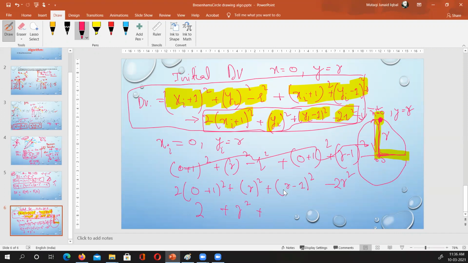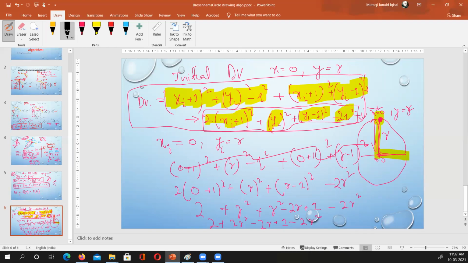This is (a minus b) whole square, that is a square, r square, minus twice ab, 2 into 1 into r, that is twice r, plus b square, which is 1 square is 1, and minus twice r square is here, right? So r square plus r square is twice r square. This is 2 plus twice r square minus 2r plus 1 minus twice r square.